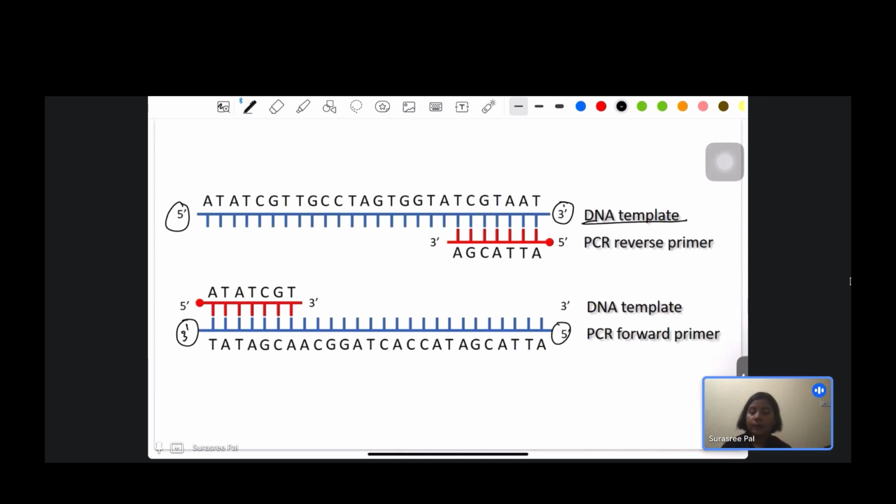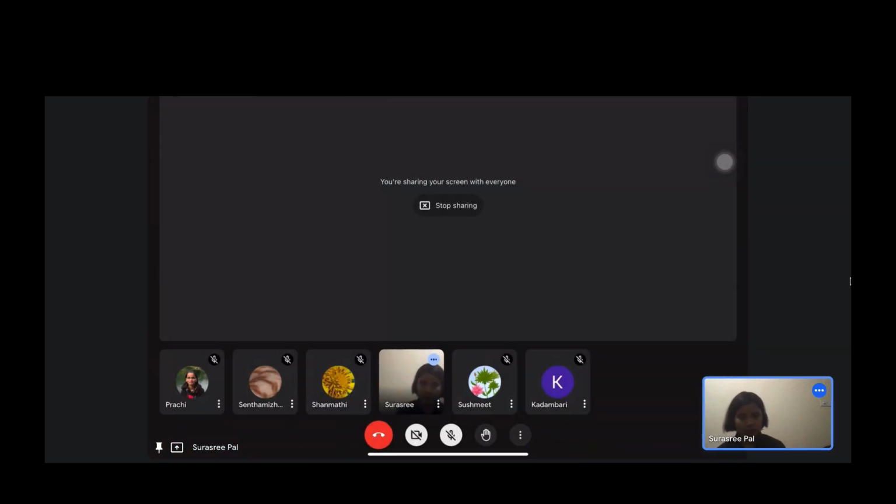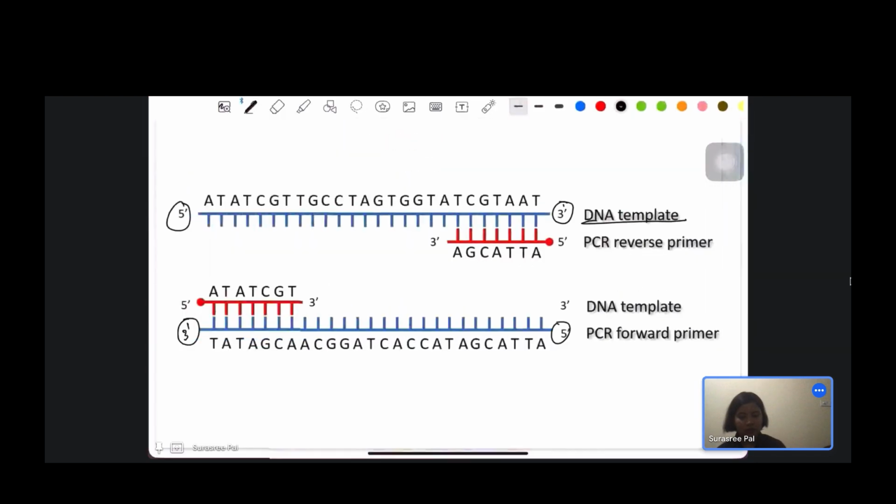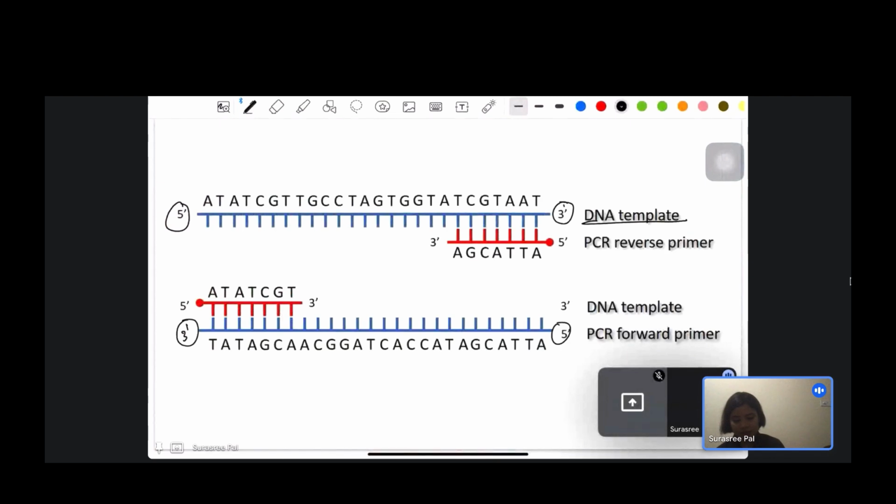Now the forward primer, where does it sit? What is the utility of the PCR forward primer? This is the site where the PCR forward primer sits. And what is its role?